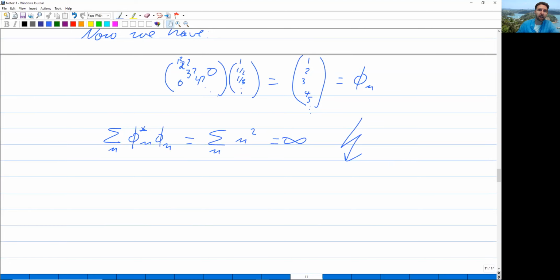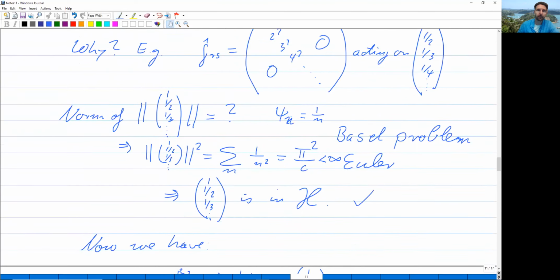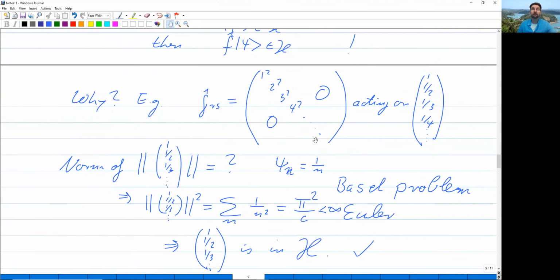Our operator, our f, was catapulting our vector into oblivion. It mapped it outside of our Hilbert space. No operator is supposed to do this. It can't just map into uncharted territory, but that's what it would do.